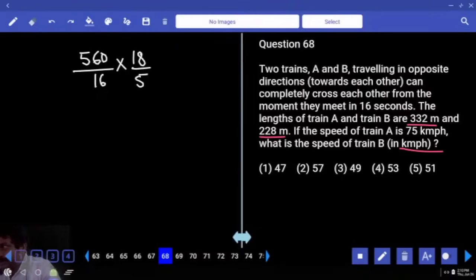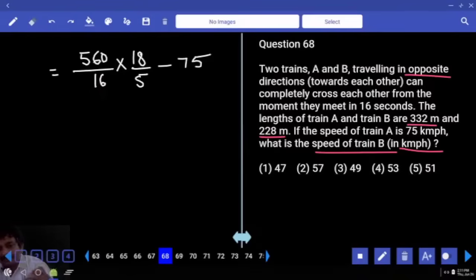This is relative speed. In what direction are they moving? Opposite direction. Relative speed is S1 plus S2. So the sum of their speeds is this much, and when you want to calculate the speed of B, from this you have to subtract the speed of A, which is 75.